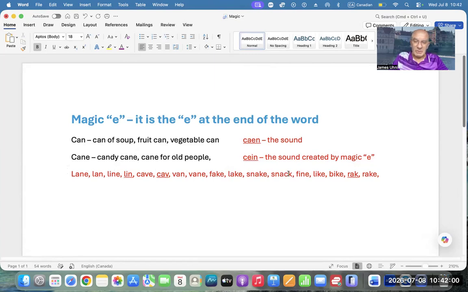There is no E, so it's snack. Here it is snake. Two very different things. Like bike, rock, rake. So you can see that the magic E makes a huge difference.